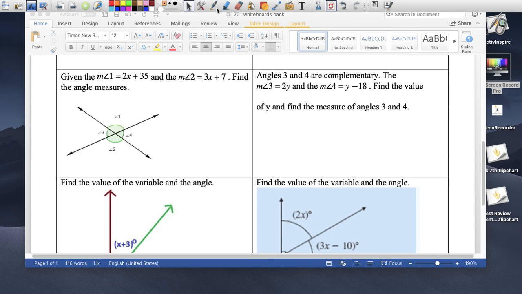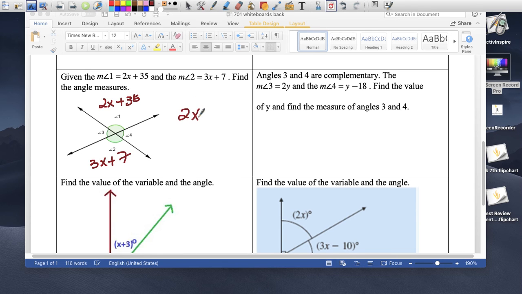So this one says let's find angle 1. Here 2x plus 35. Angle 2, which is right here at the bottom, is 3x plus 7. Right? So what kind of relationship is vertical angles? So we know they're equal to each other.